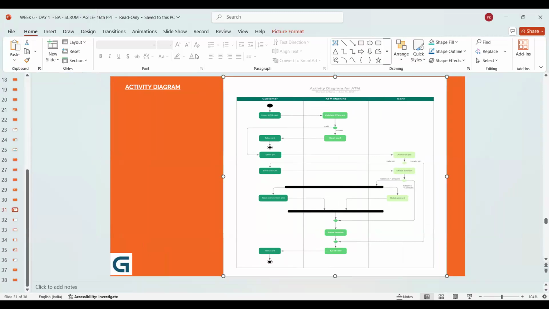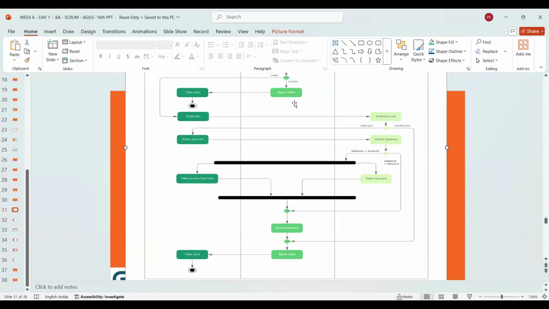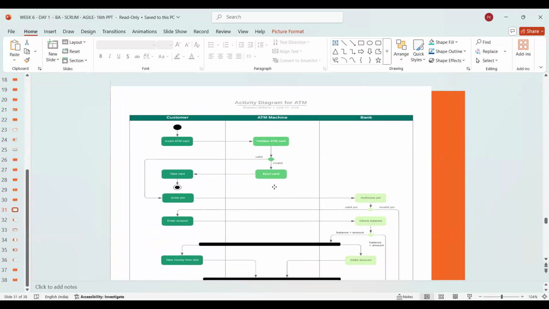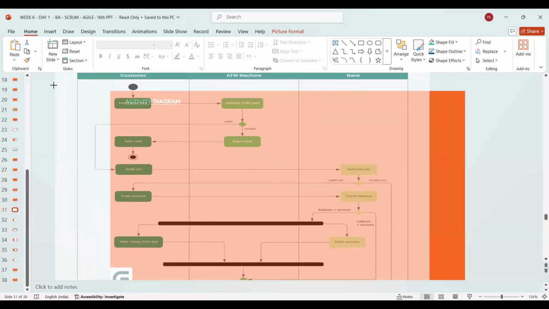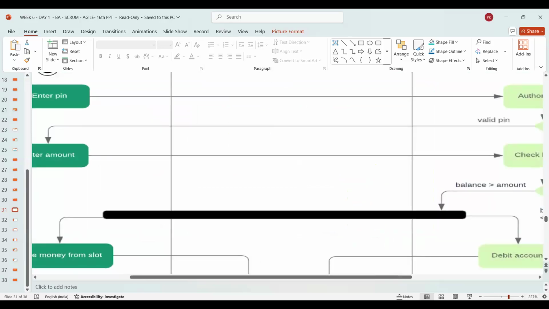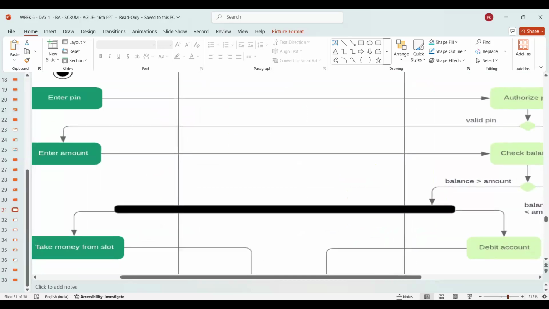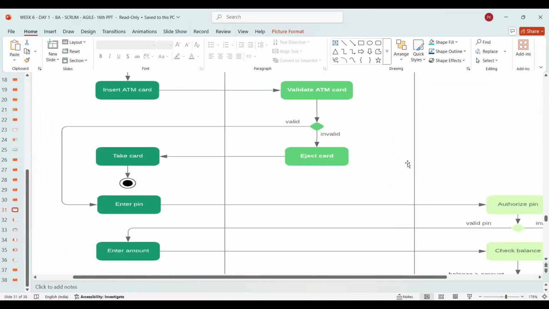What do we understand in simple English when we say activity diagram? Plain English, I'm not asking for a detailed explanation. If somebody tells you these words, activity diagram, what do we understand by that? Sequence or steps involved in a process.